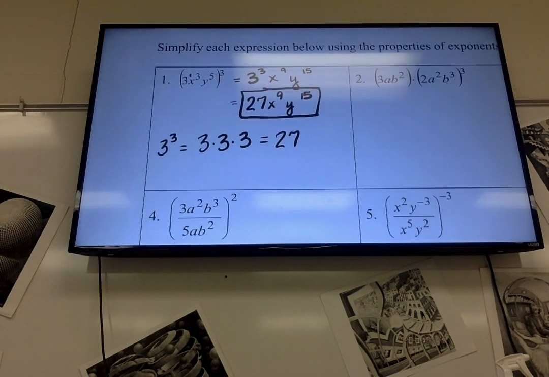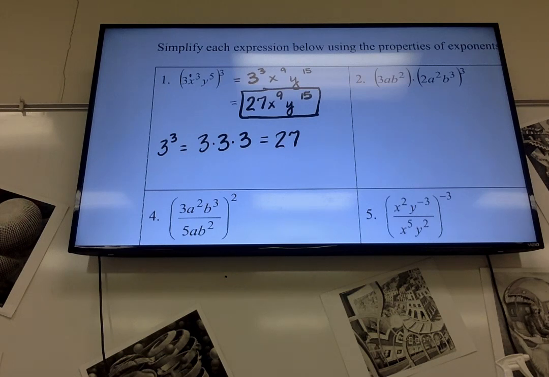Number 2 is similar, only it's got an extra step. Should I multiply these two first, or should I do the power first? Why? Yeah. PEMDAS, order of operations. Please excuse my dear Aunt Sally.